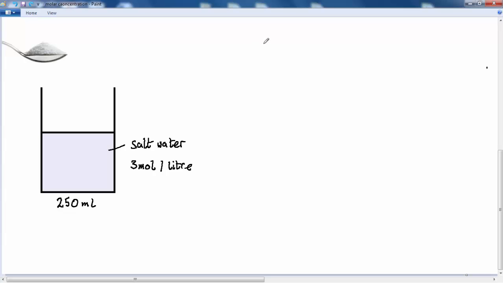That means that if I have a litre of water, then I must add 3 moles of salt, table salt, to that litre. But in this particular case, we've only got 250 millilitres, which is 0.25 of a litre. So we ask ourselves, how many moles should I add to 0.25 litres?